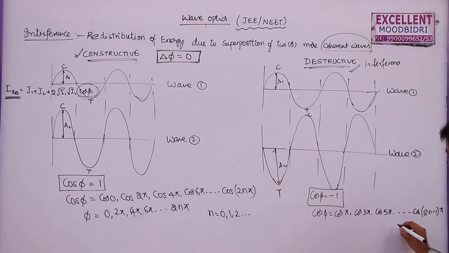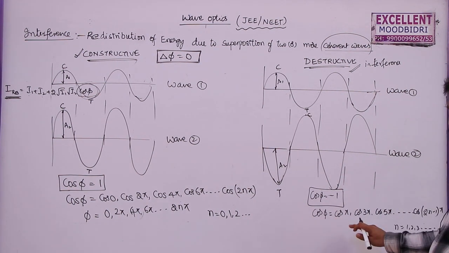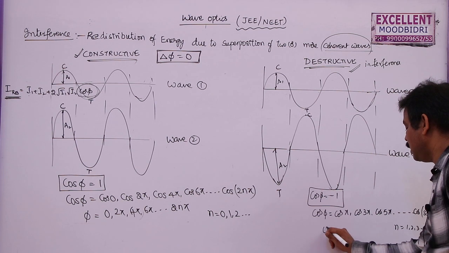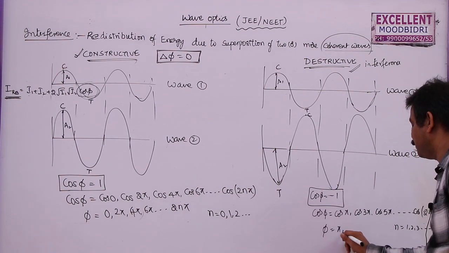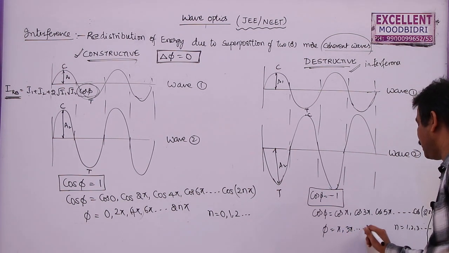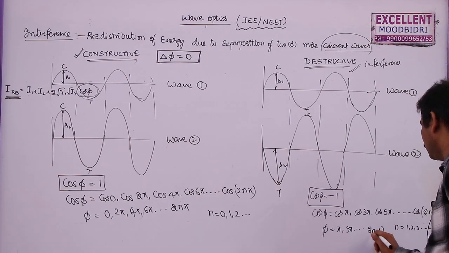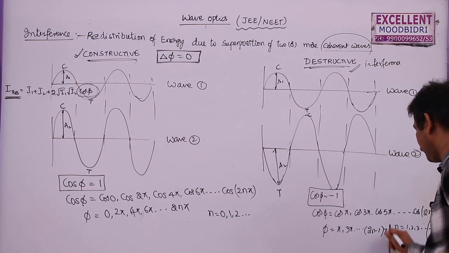So here the n value cannot be 0; it is 1, 2, 3, and so on. If you consider this value of cos phi, what are the phi values here? The phi value should be pi, 3 pi, and so on, (2n minus 1) into pi.